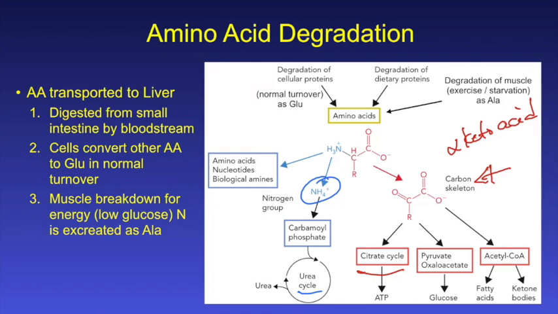All right? So, cells convert, you digest all of your amino acids. Amino acids transported to the liver. They are interconverted.